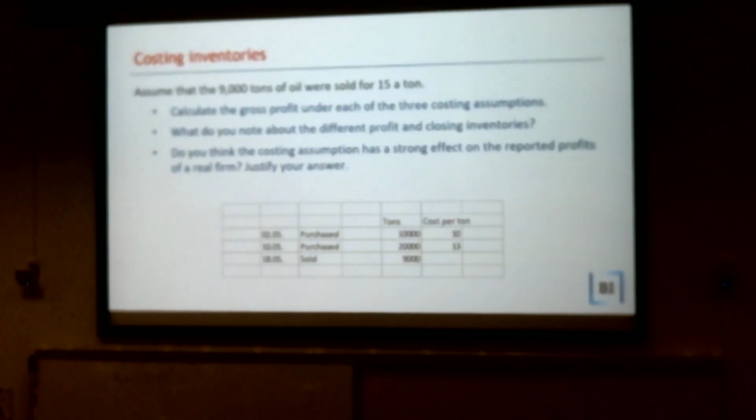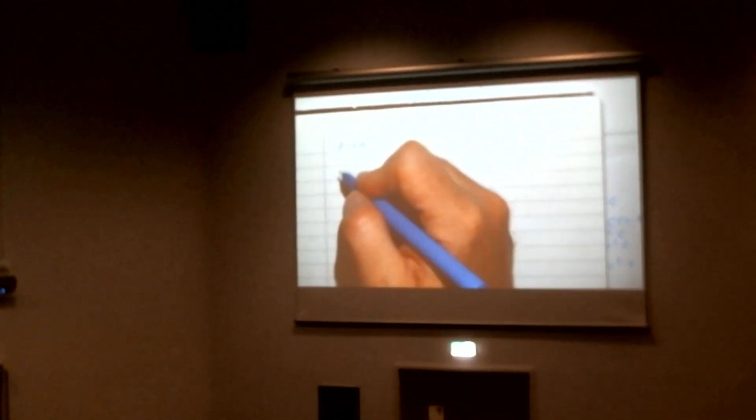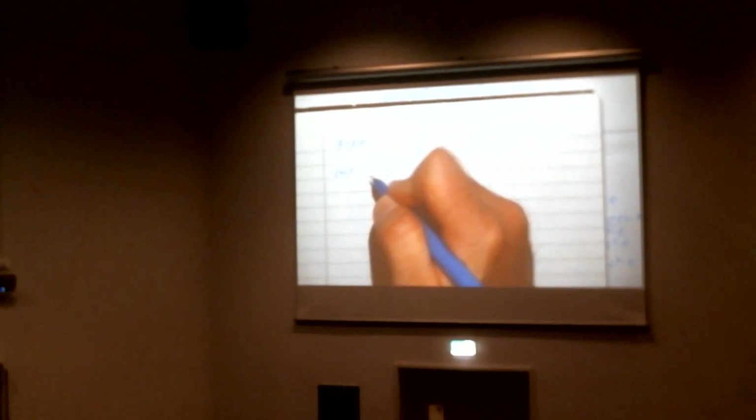Okay, let's start with first in, first out. So, what are the costs of sales if we apply first in, first out? So in the end, it's to come up with the numbers we need to set up our income statement, right?